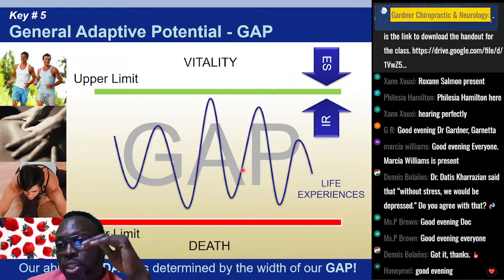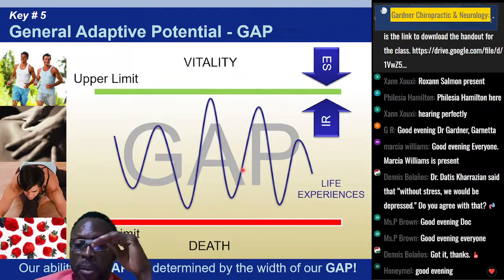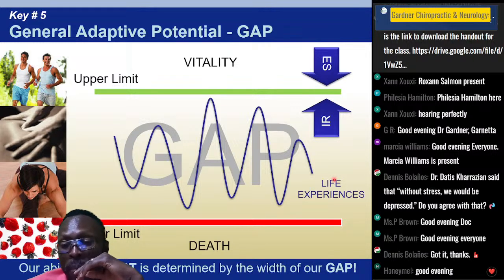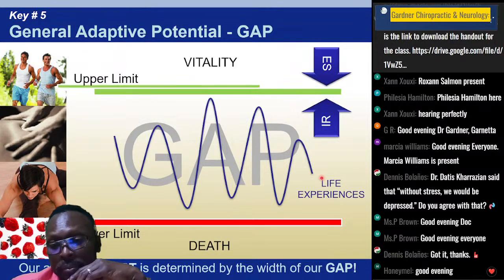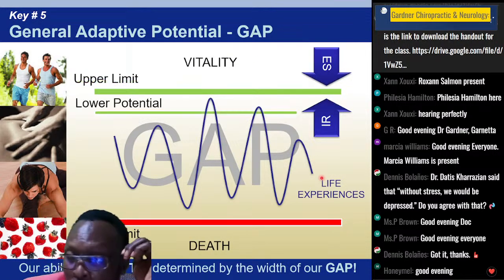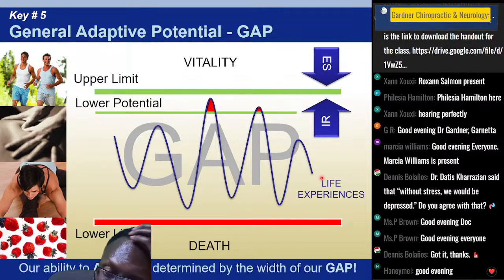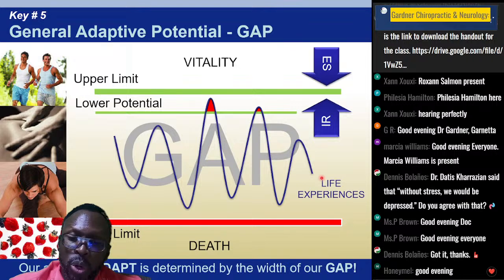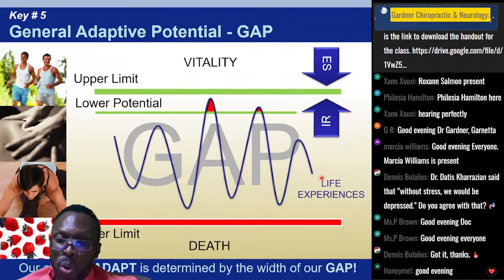But if we continue to erode our upper limit and cause it to constantly fall, then the upper limit may fall, and what we once were able to overcome, we no longer are able to overcome, because now we become compromised in some way.